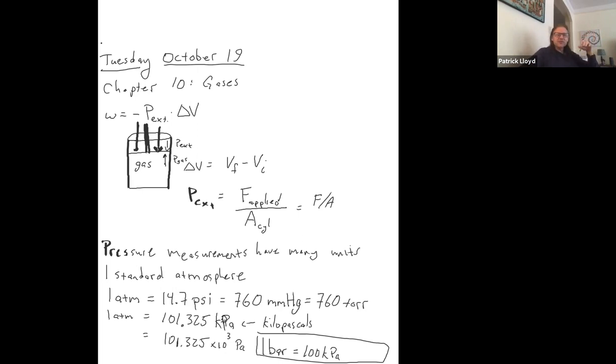There are gigapascals. There are experiments where people really want to measure what happens to a material if you put it under enormous pressure. It's kind of cool. What you do is you take a diamond and then you take another diamond.